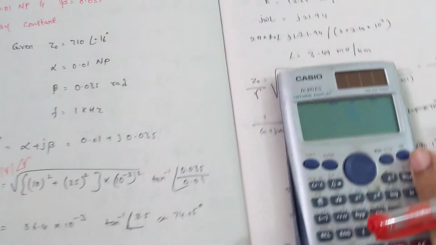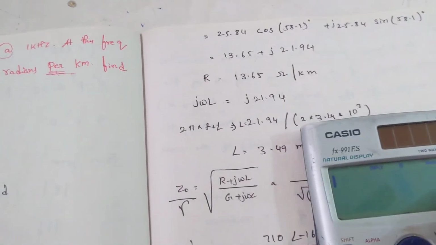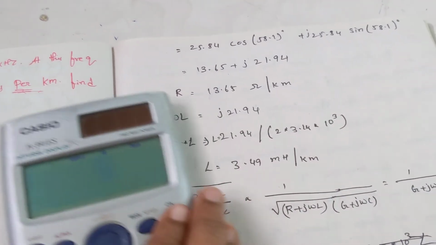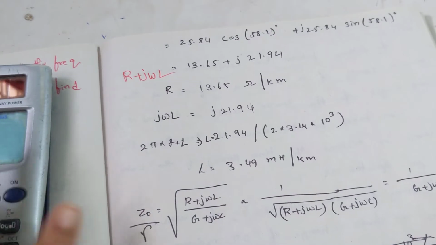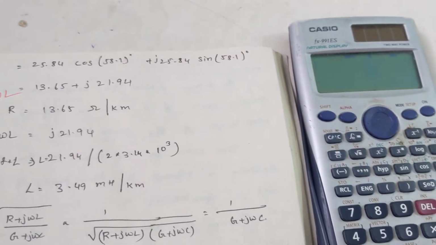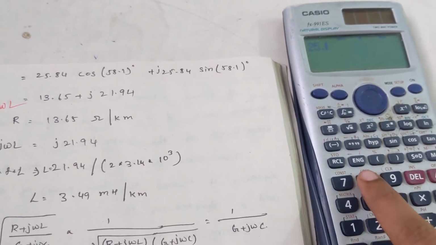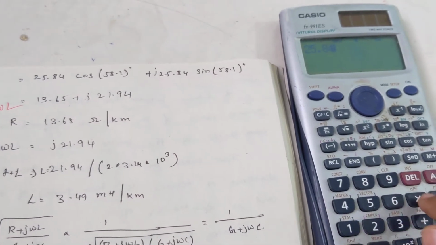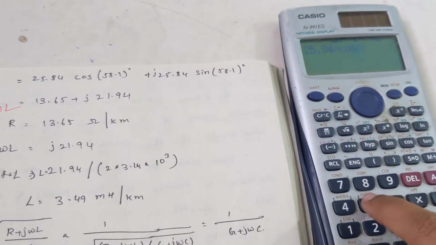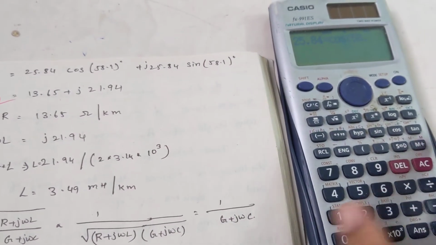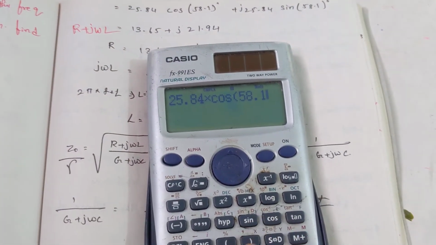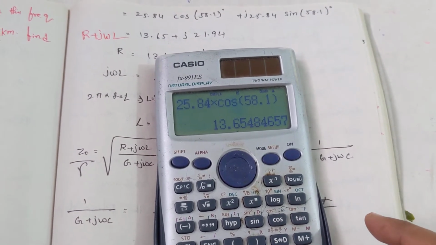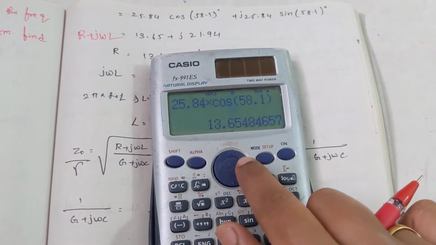I know the magnitude, I know the angle, so I simply apply these things to find out what will be the R plus j omega L. The required quantity is 25.84 cos of 58.1, which is 13.65. Now I require the same thing for sine.